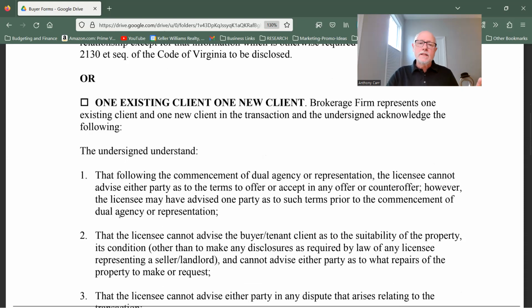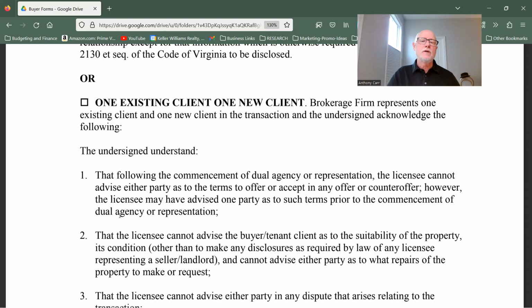Or one is an existing client and one's a new client. So let's say I have a listing agreement and it's an open house that I met this new person. They don't want to write the offer without representation. So now they want me to be their buyer agent, and I've signed an agency agreement with that buyer, and I already had an agency agreement with the seller, or vice versa.